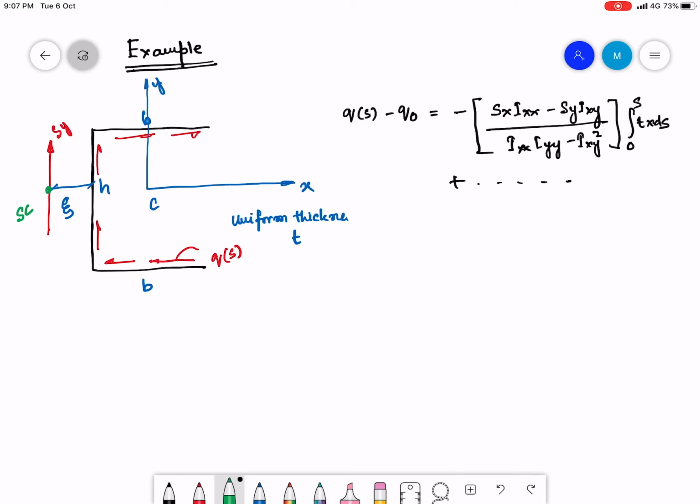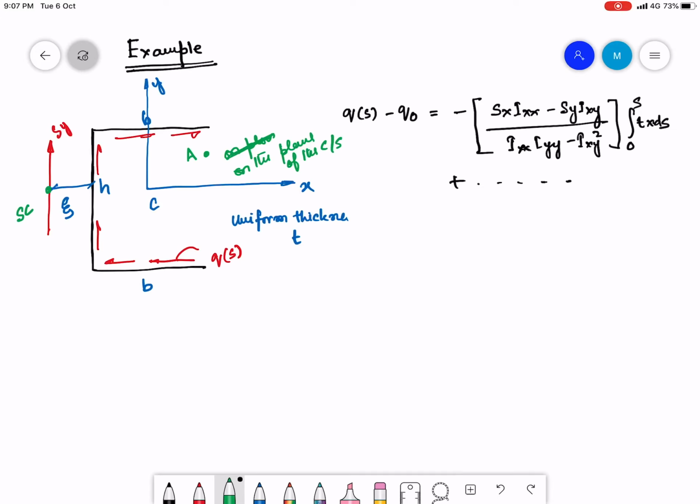So let me put that in other words. We have to choose any point in the plane of the cross section. Let me call this A, let us say, okay.